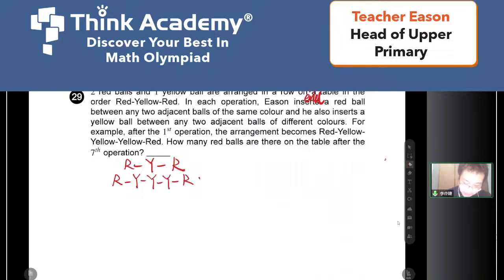So this is the first operation. The second operation is to insert yellow here, red here, red here, yellow here, right? So this is the second operation. And the question is, after the seventh operation, how many red balls are there?